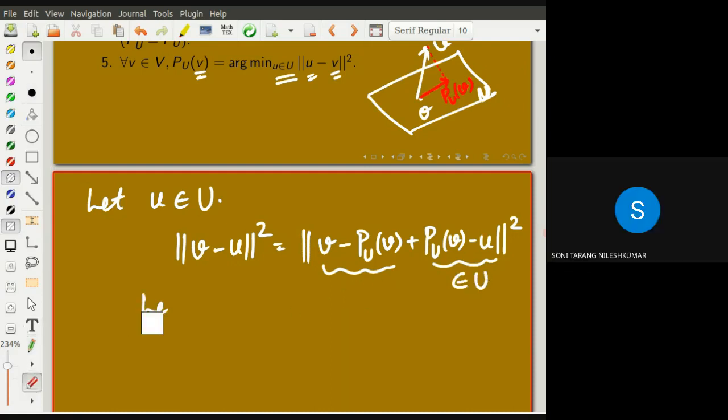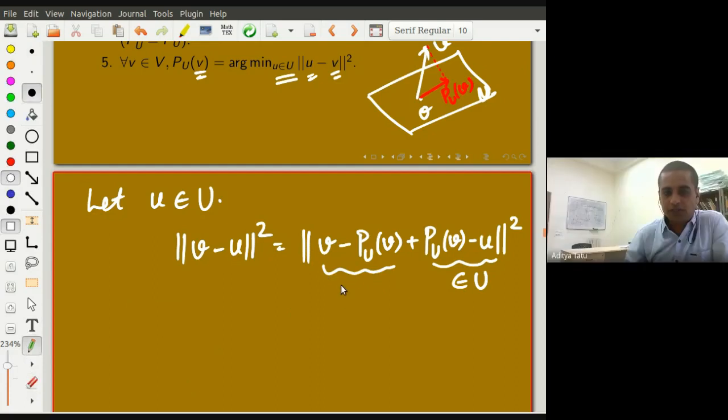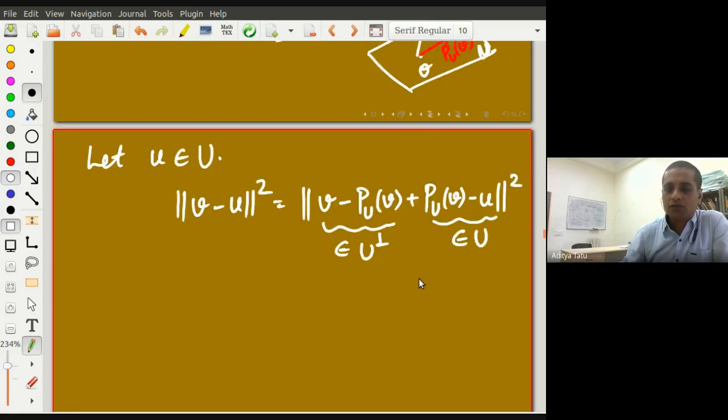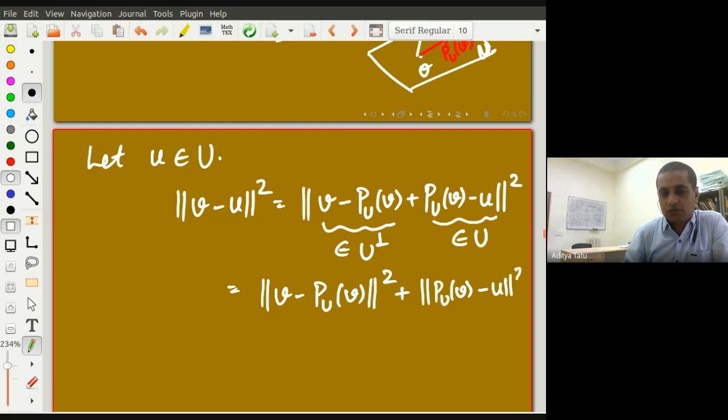This is orthogonal to U, so therefore, this belongs to U perp. So these two are orthogonal. From the Pythagoras theorem, you can say that this is equal to the norm squared of v minus PUv plus the norm squared of PUv minus u.